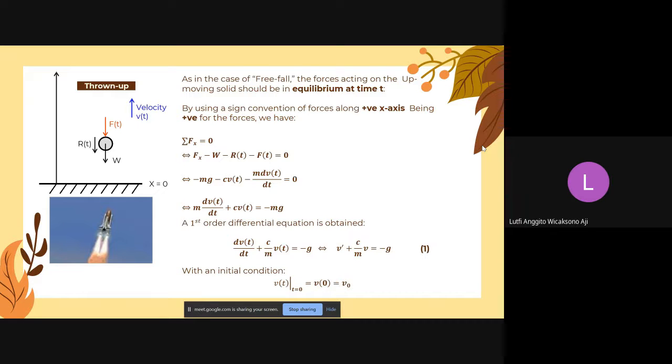I'm sorry, I think there is a typo. It should be minus W minus R(t) minus F(t) equals 0.